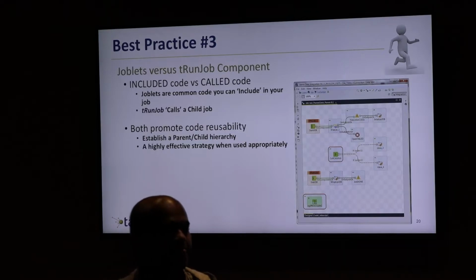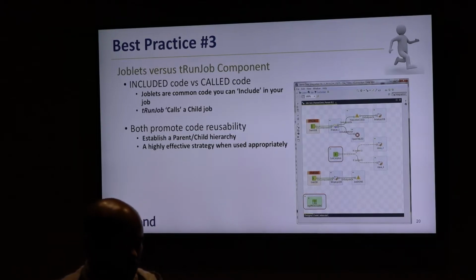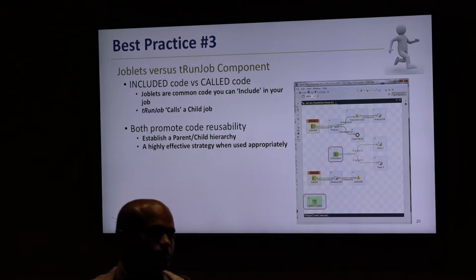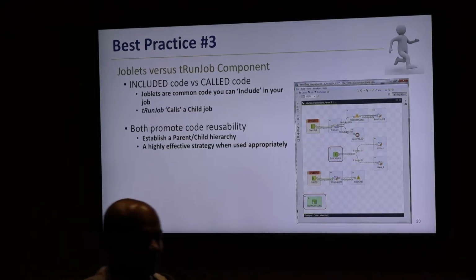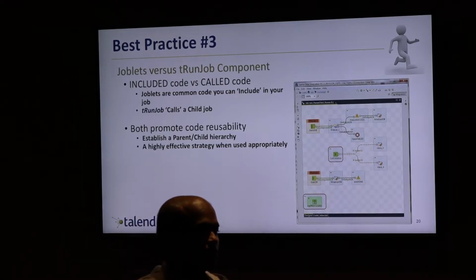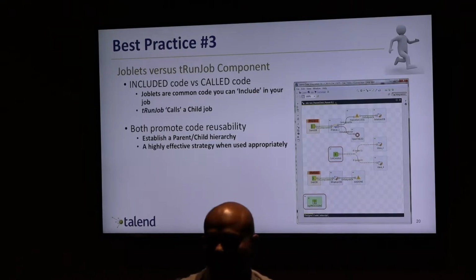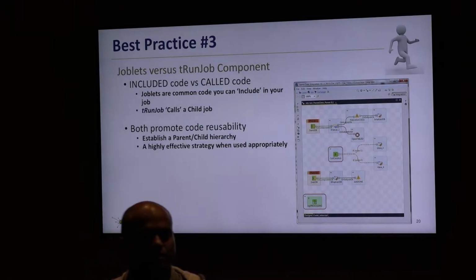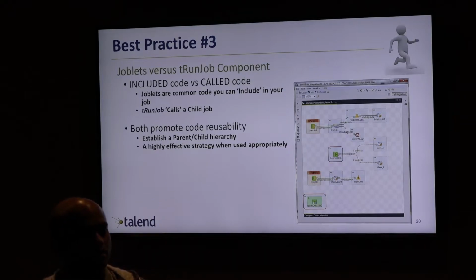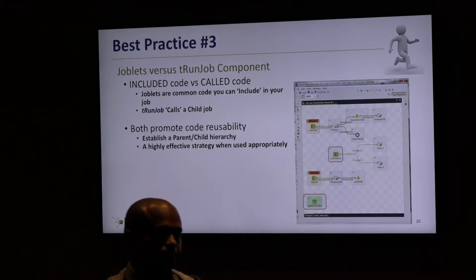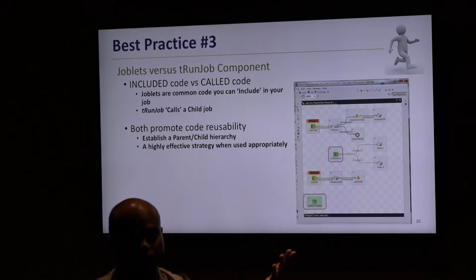It's like an old-style macro, a piece of code that is common across all the jobs. It will give you a warning when you change it, but it will cascade it. That's really why.